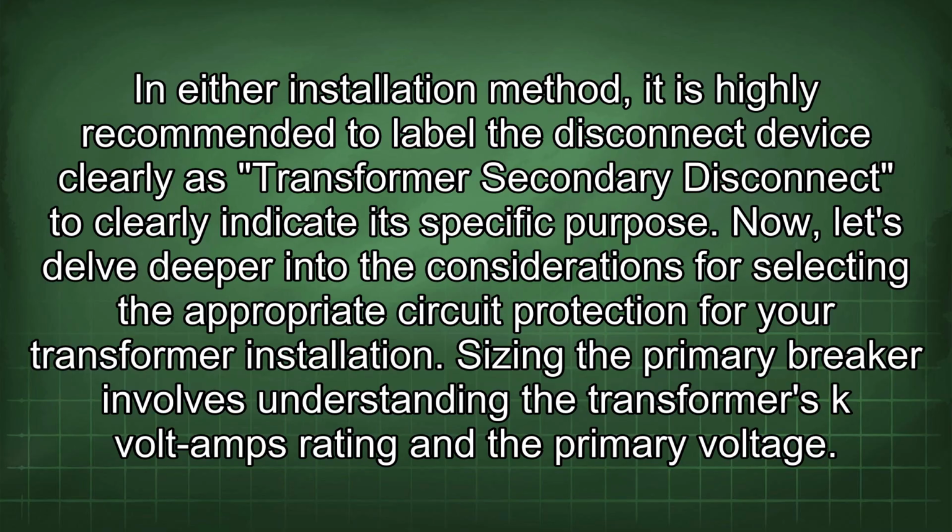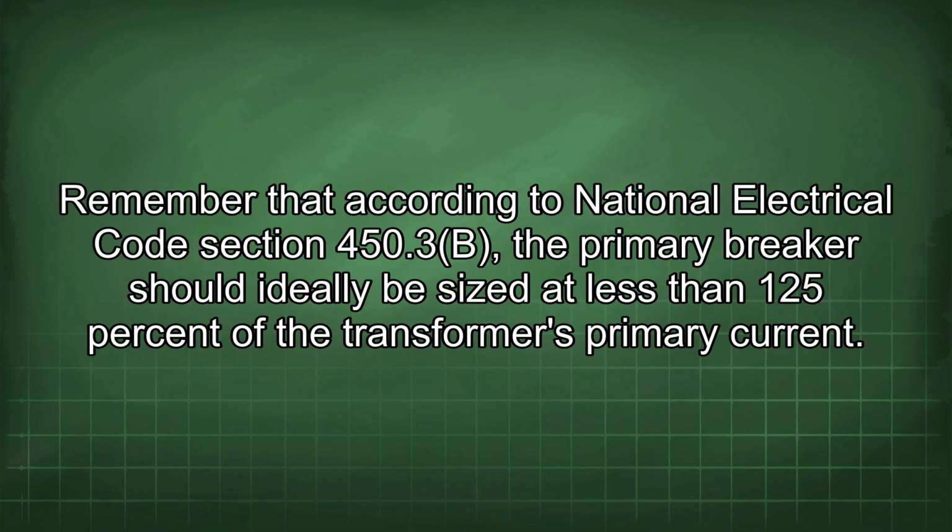Sizing the primary breaker involves understanding the transformer's kVA rating and the primary voltage. Remember that according to National Electrical Code Section 450.3(B), the primary breaker should ideally be sized at less than 125% of the transformer's primary current.